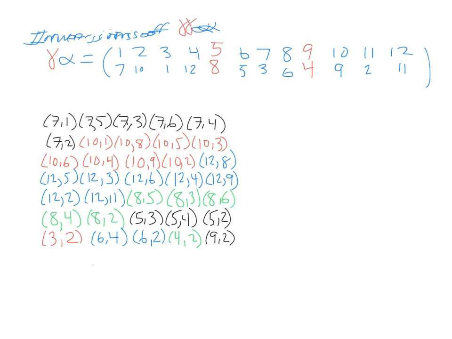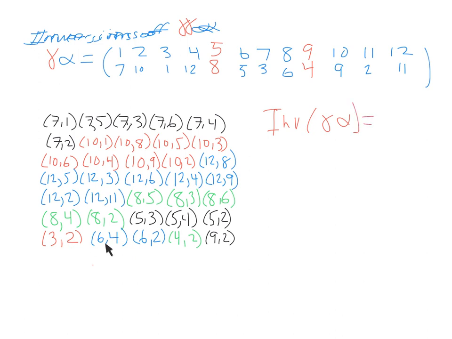Well, here's the list of inversions that I found for first do alpha, then do gamma. And again, since we're looking for the inversion number, what I want to do is count everything in this particular table. Let's first get the inversion number of first do alpha, then do gamma. Now we'll do the quick count.